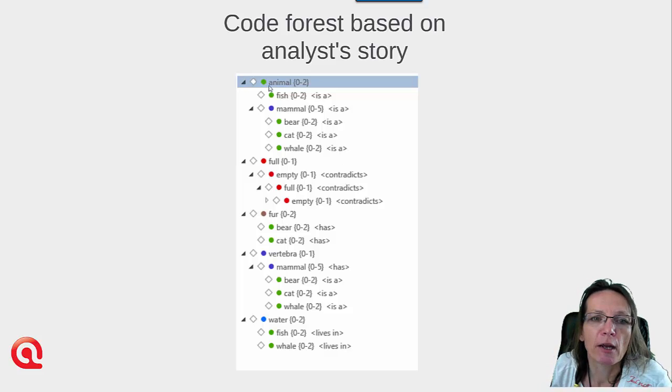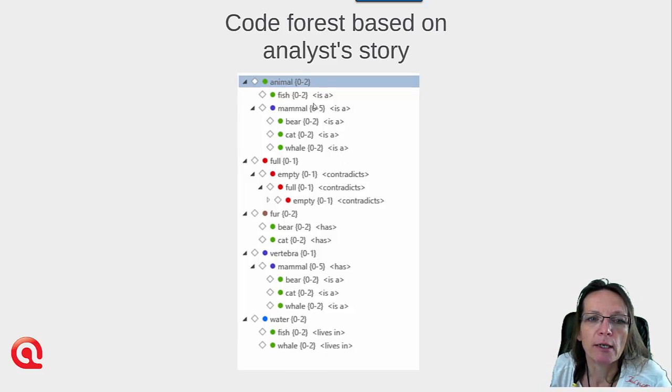Because what you see here, we have animal, fish, and then mammal, and then we have the three mammals here, but they also occur again here under vertebra, because the vertebra has been linked with a "has" relationship, which is defined as an asymmetric one here, and only the "is a" ones are defined as transitive ones.